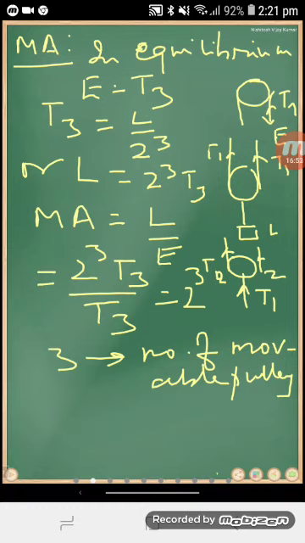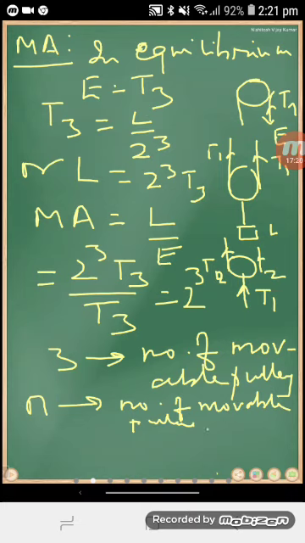Now instead of 3 movable pulleys, if I have n movable pulleys, so the number of movable pulleys is n, then the mechanical advantage is equal to 2 to the power n.